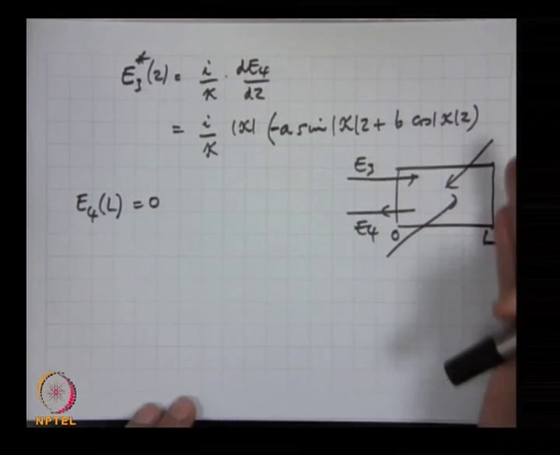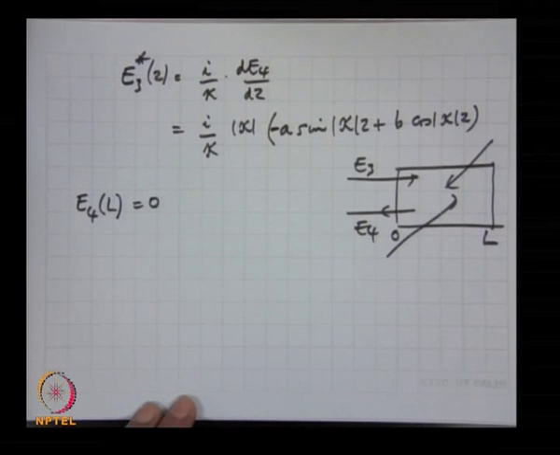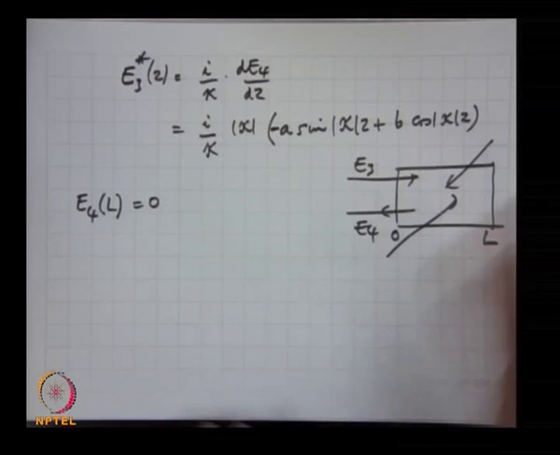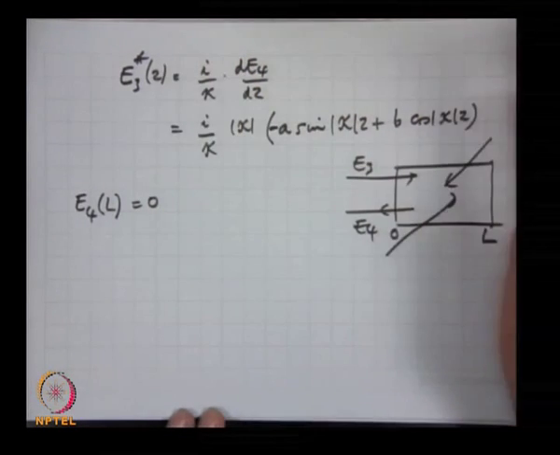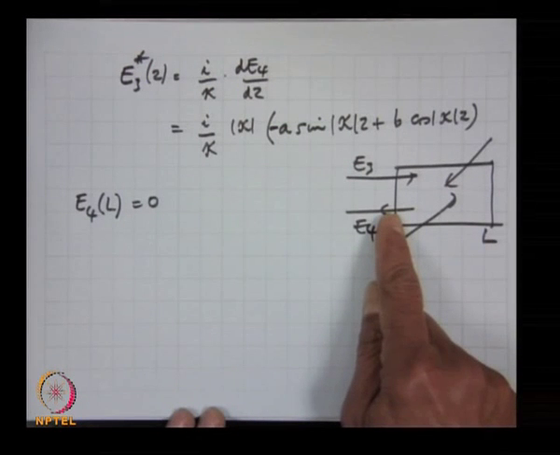Because beyond this point there is no medium, any phase conjugated wave can only develop from this point onwards in the forward direction. So there is no E4 beyond this point. There is a finite E4 here.